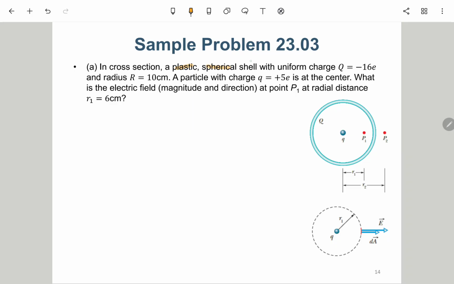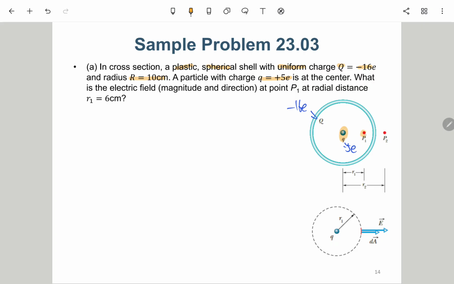A sphere shell with uniform charge Q equals -16e and radius R equals 10 centimeter. A particle with charge Q equals 5e is at the center. What is the electric field, magnitude and direction, at the point P1?